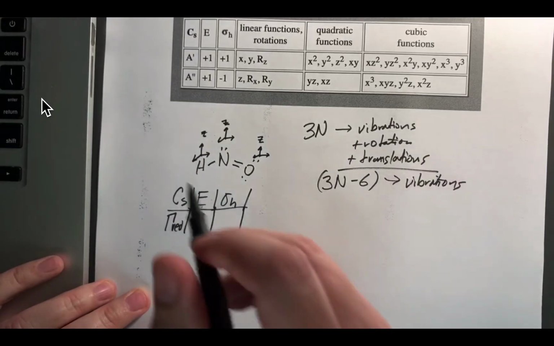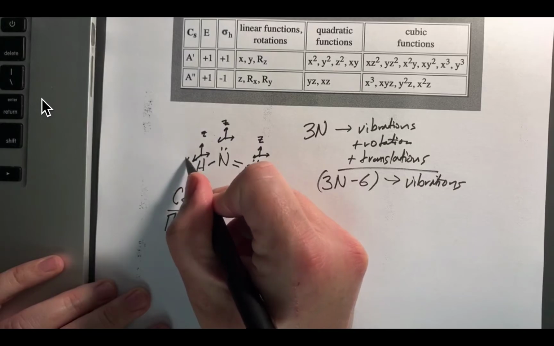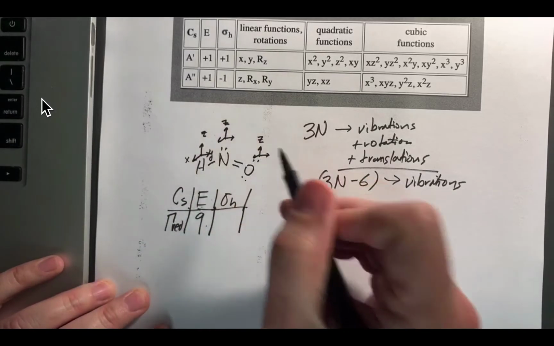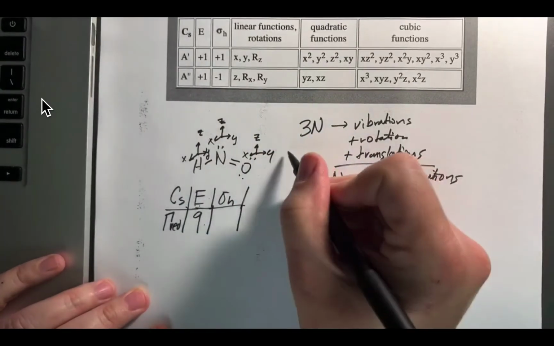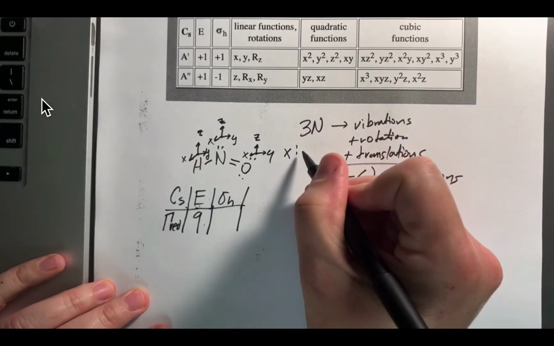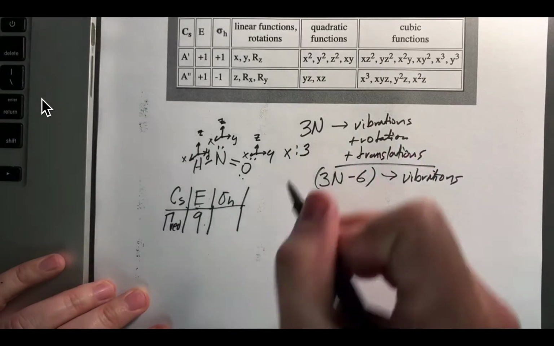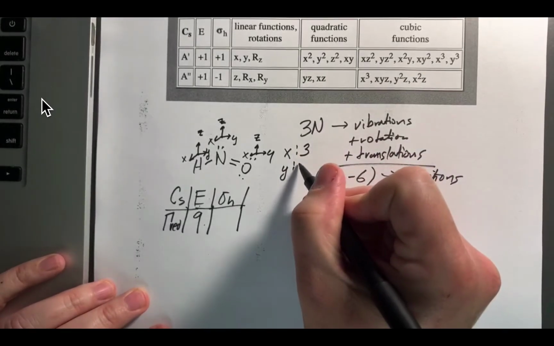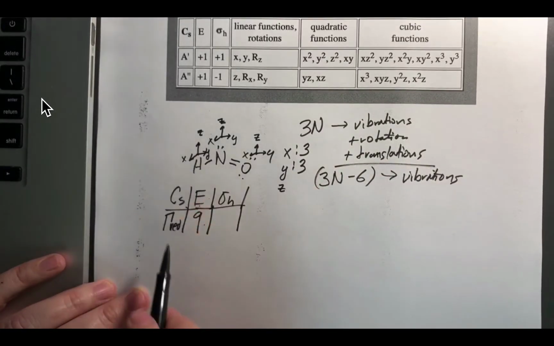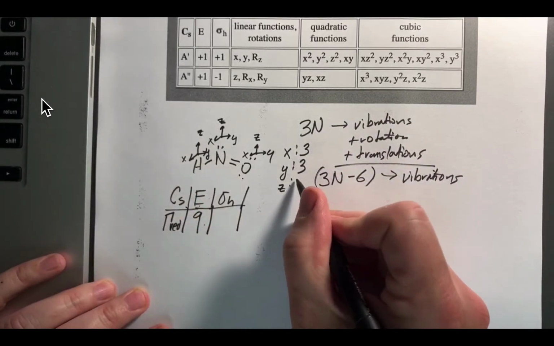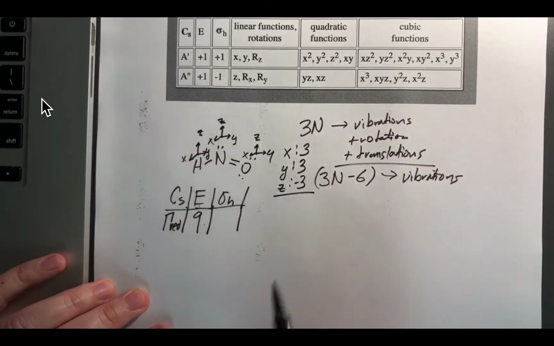And so x and y are left unshifted. So from each one of the x's, we get a +1 for a total of 3. From each of the y's, we get a +1 for a total of 3. And then for the z's, z goes into negative z, so we get -1 from each to get a total of -3.